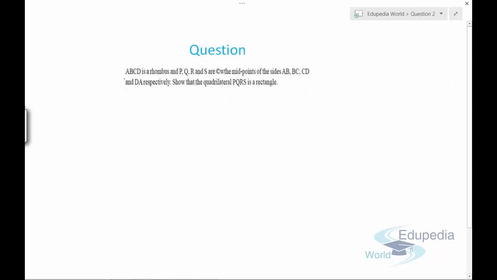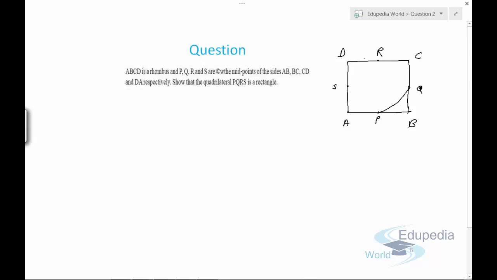Question number 2 says that ABCD is a rhombus, so let's first draw the rhombus. A, B, C, D, and P, Q, R, S are the midpoints of the sides. So let this be P, let this be Q, let this be R, and let this be S. So these are the midpoints.